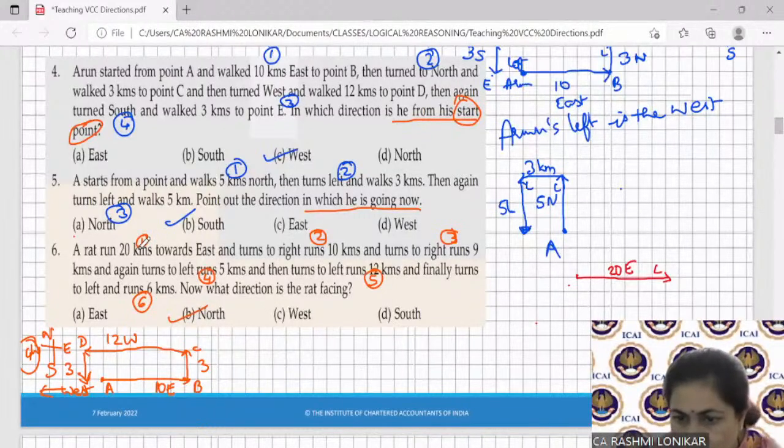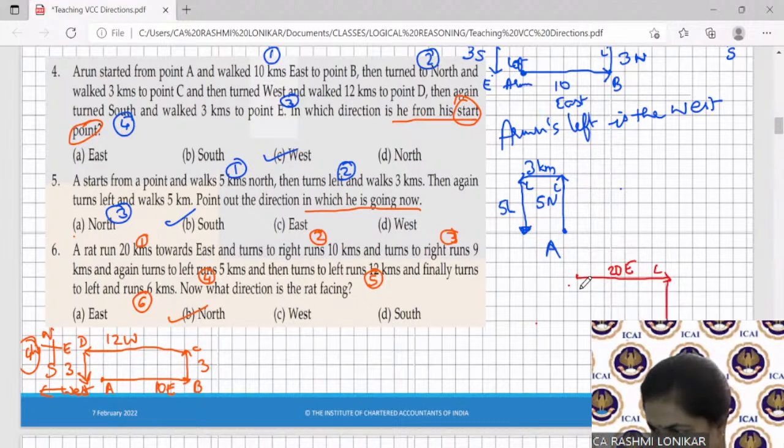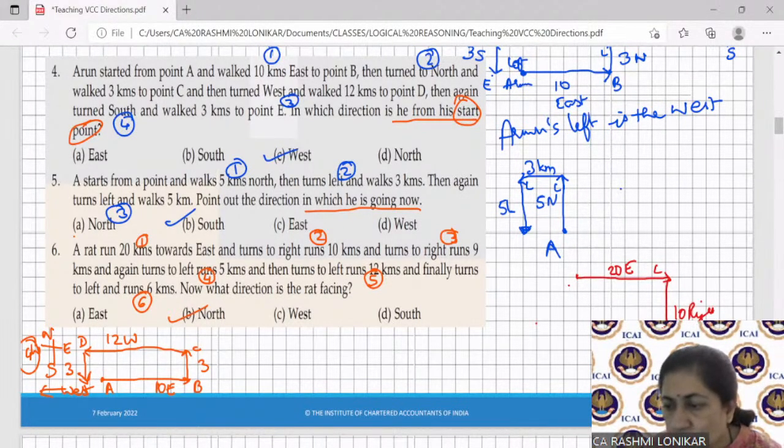not here. A rat runs 20 kilometers to the east and turns right and runs 10 kilometers. So first point is 20 kilometers, second point is 10 kilometers. So where is he moving? He is moving to the right. This is his left. So where will he go? He will go like this. This is 10 kilometers, to the right and turns to the right. Now he is here. So which is his left?